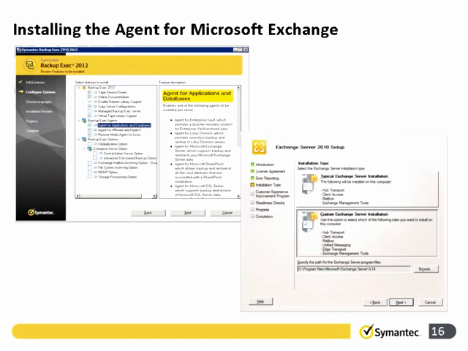To install the agent for Microsoft Exchange, I go to Agents for Applications and Databases. It will support Exchange, and in the Exchange 2010 setup, you have to make sure that Backup Exec has access to the correct roles and has a mailbox that it can use to catalog all the information inside of Exchange.